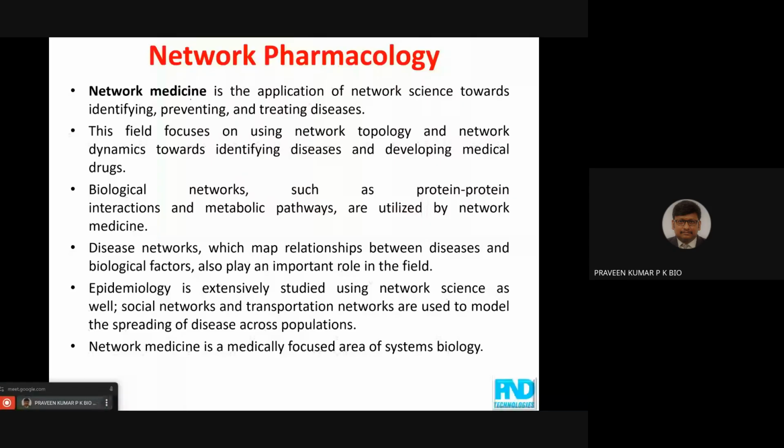It is actually a part of network medicine. For developing network medicine, we are using this network pharmacology. The definition of network medicine is the application of network science towards identifying, preventing, and treating diseases.